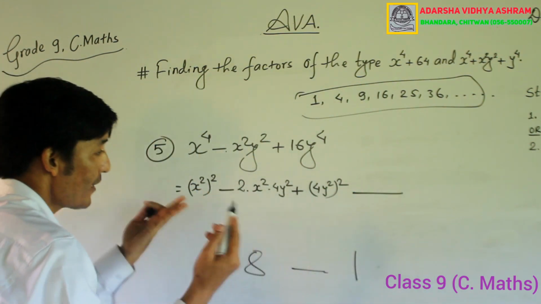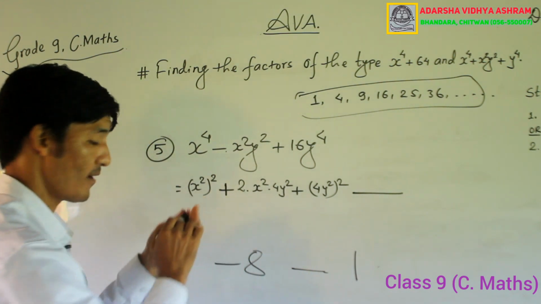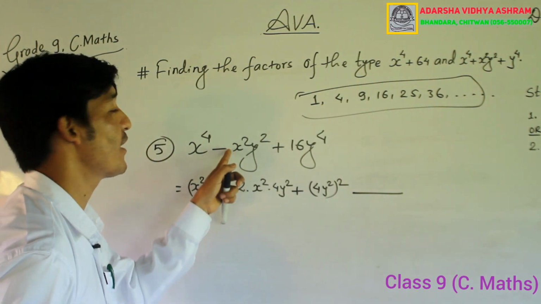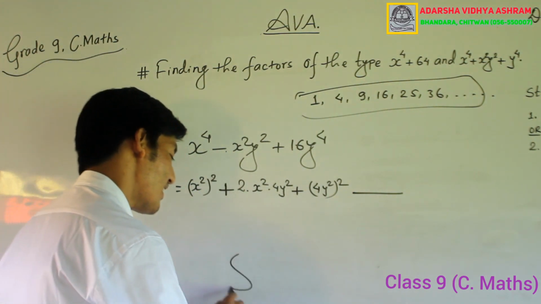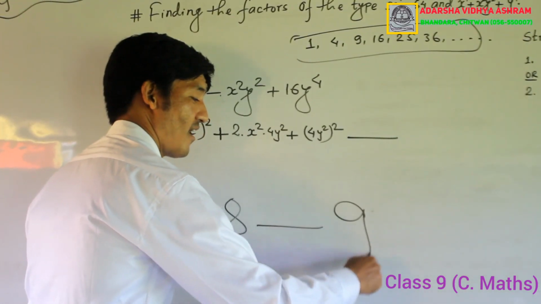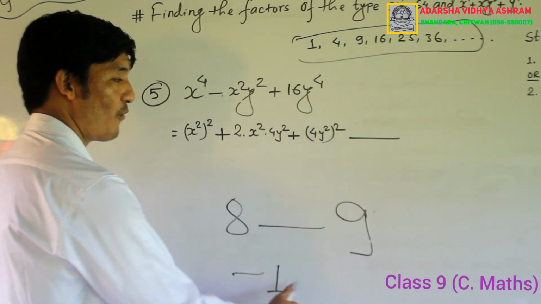We came to know now that this is the plus. Then now you can see here, this is the plus 8. You have to bring minus 1 here. Plus 8 and minus 9 gives minus 1. How easy.